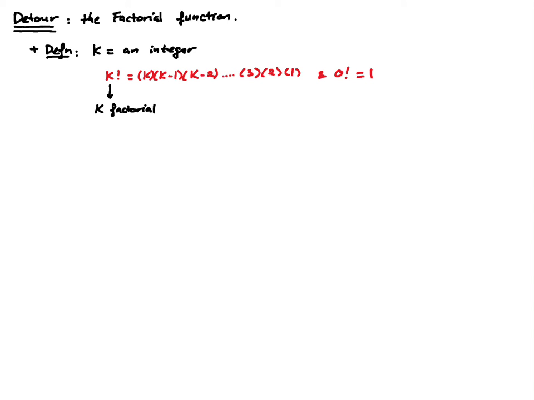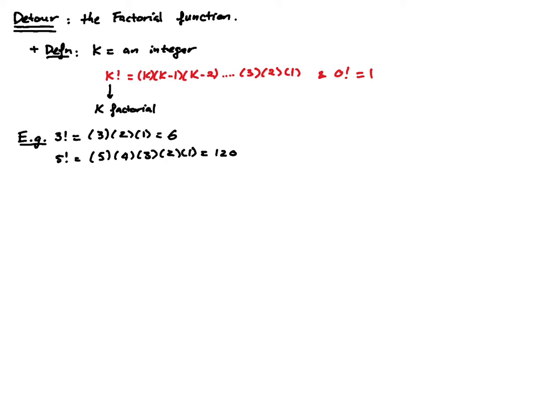Okay, so let's look at a few examples. Suppose we have 3 factorial. 3 factorial is equal to 3 times 2 times 1, which is going to be 6. 5 factorial is going to be equal to 5 times 4 times 3 times 2 times 1, which I believe is 120.